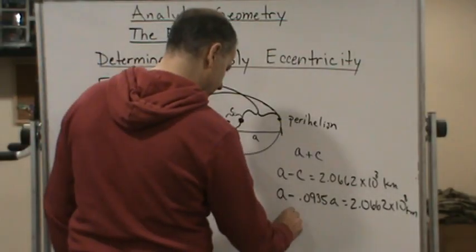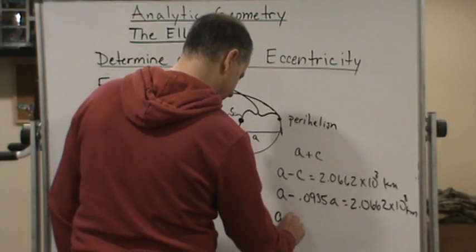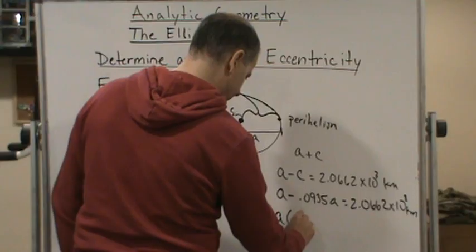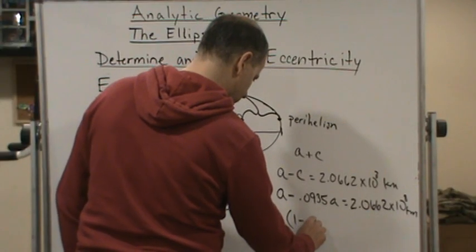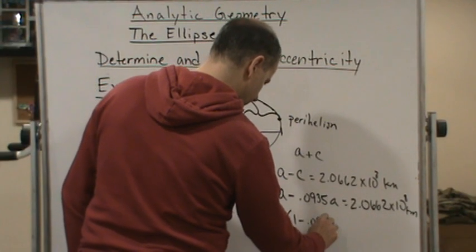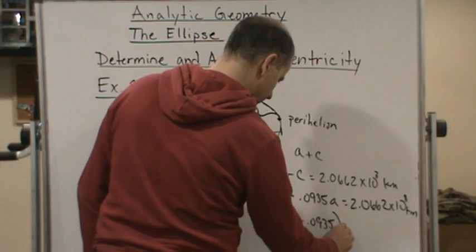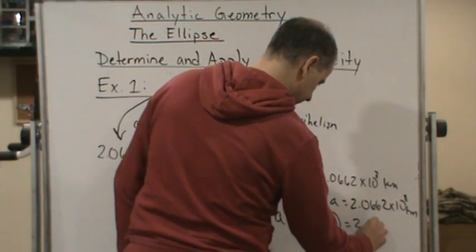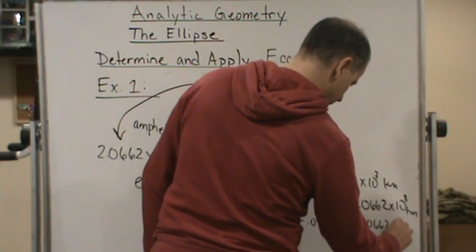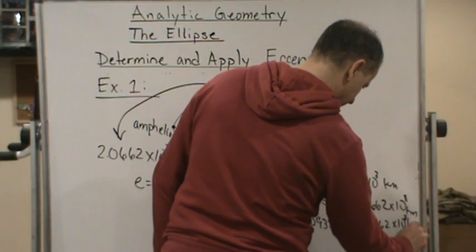And so then we can factor out the A, and we get A times 1 minus 0.0935 equals 2.0662 times 10 to the 8 kilometers.